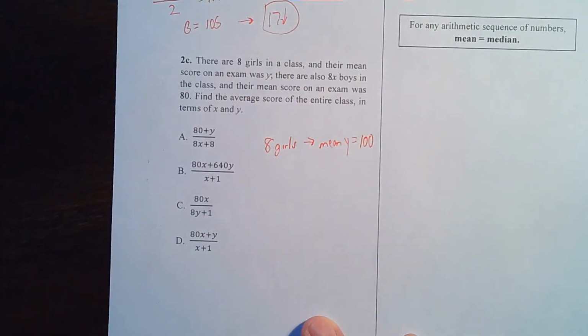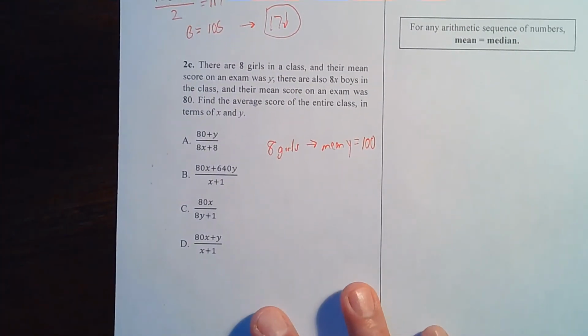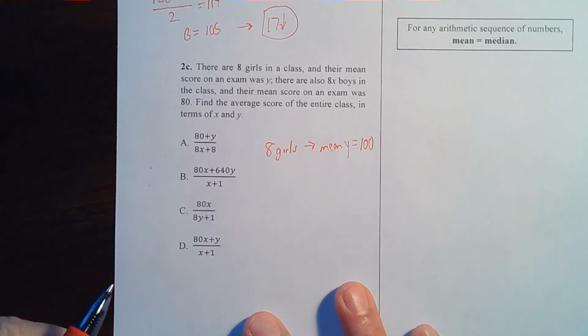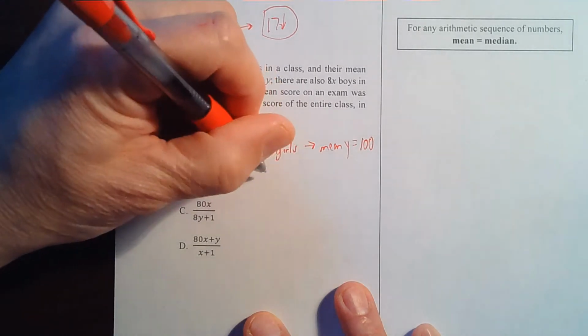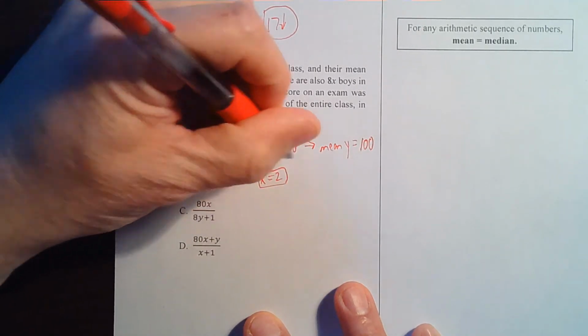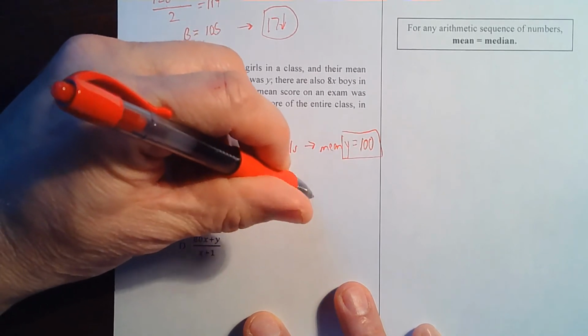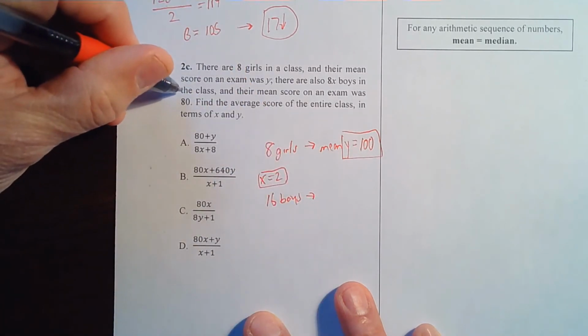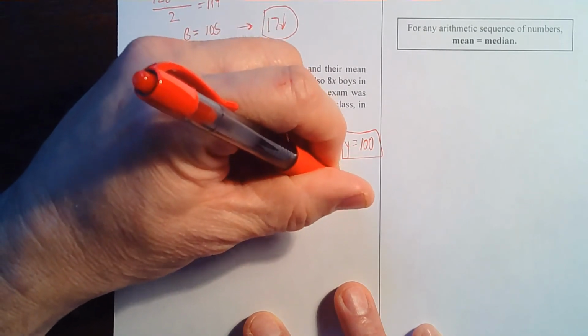Again, it doesn't matter what numbers you pick as long as you follow the process, you'll get the right answer. That's the beauty of picking numbers. Now, there are 8x boys, so I'm going to make x equal to 2. All right, so that means there's 16 boys, and the mean score on an exam for the boys was 80.